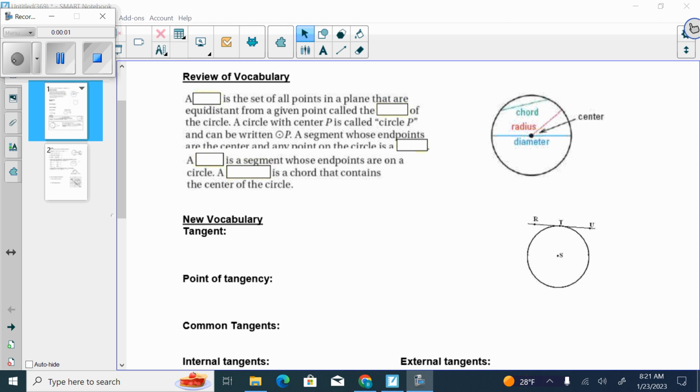So in that blank, we'll put circle. A circle is the set of all points in a plane that are equidistant from a given point that we call the center of the circle.